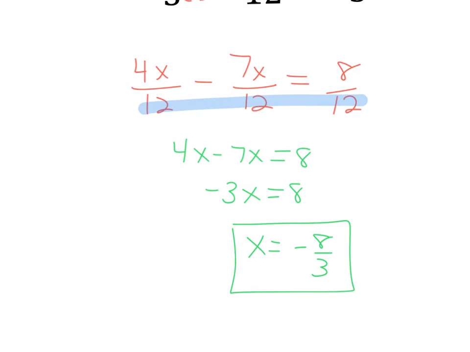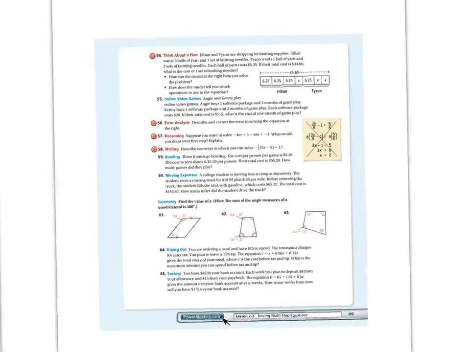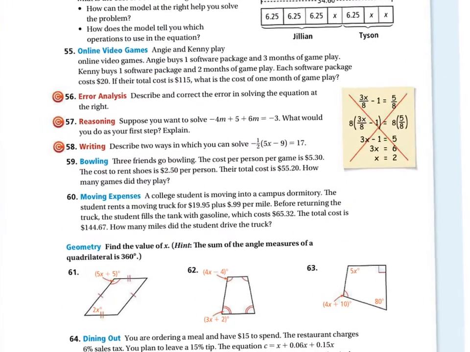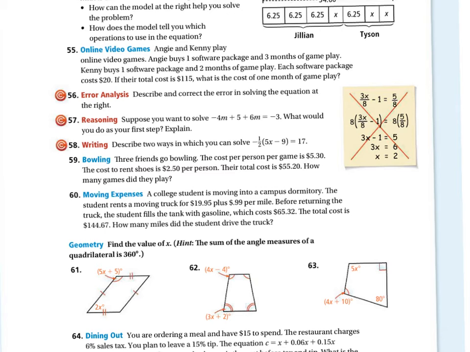Okay, and then we had number 56 out of the book here, so I brought this in so we could look at it. On this one it says describe and correct the error. So we're looking at this one right here and trying to figure out what they did wrong.